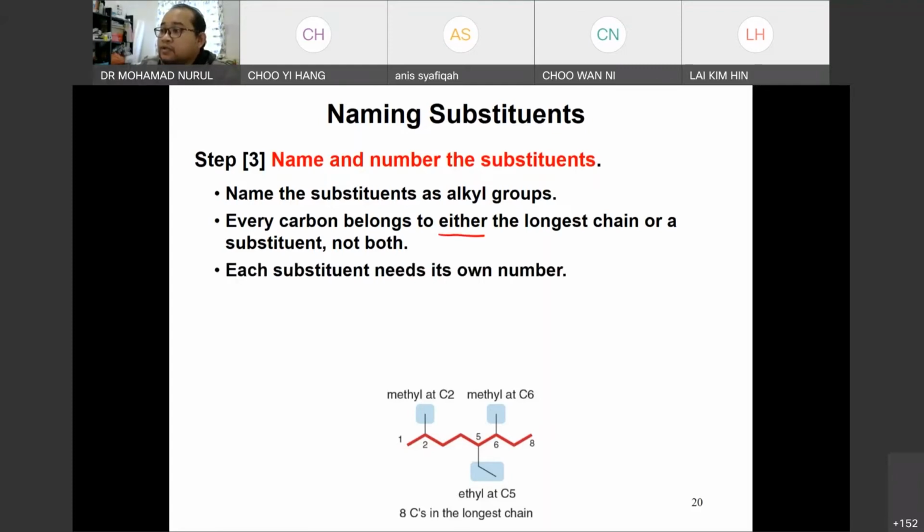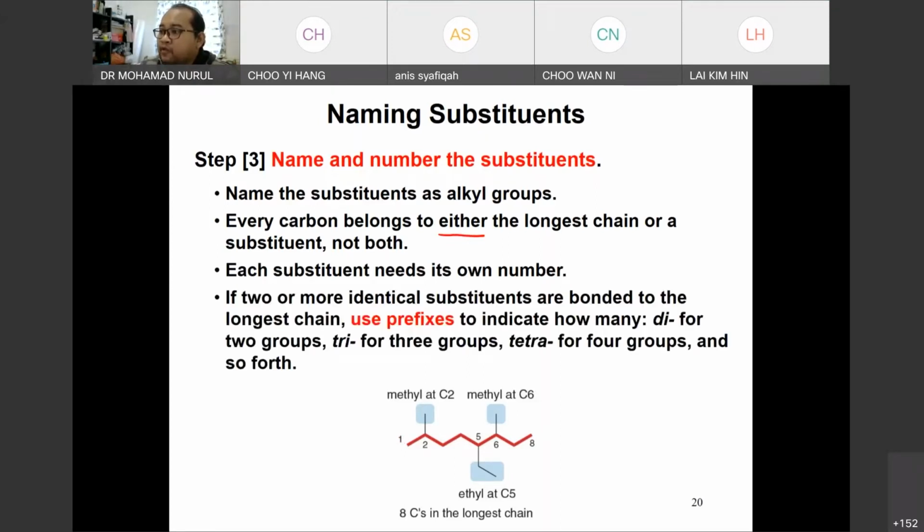So each substituent needs its own number. We have numbering here, following the previous steps, so put number 1, 2, 3, 4, 5, 6, 7, 8. And for two or more identical substituents, in this example we have two methyls, we can use prefixes like di for 2, tri for 3, tetra for 4, and so on.